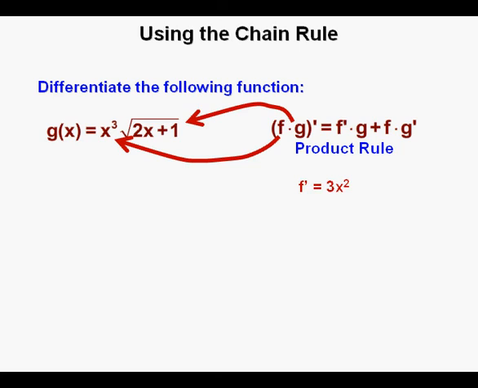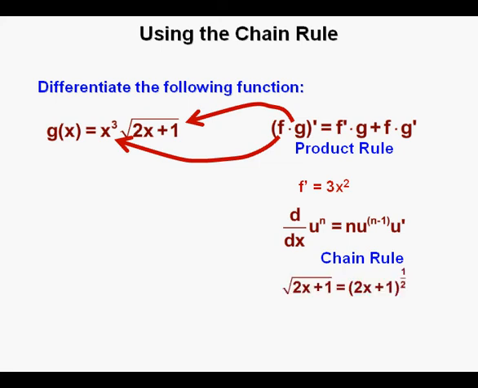And f prime can be found using the power rule to be f prime equals 3x squared. But to find g prime, we need to use the chain rule. And to use the chain rule, we'll rewrite the square root of 2x plus 1 from radical form to exponential form. So the square root of quantity 2x plus 1 is quantity 2x plus 1 to the 1/2 power.